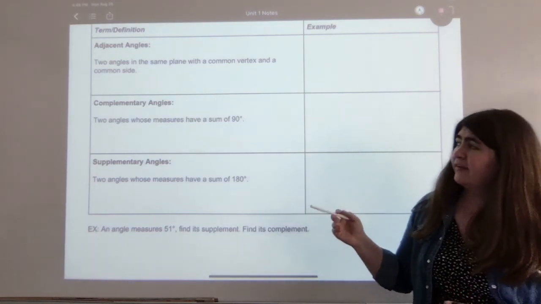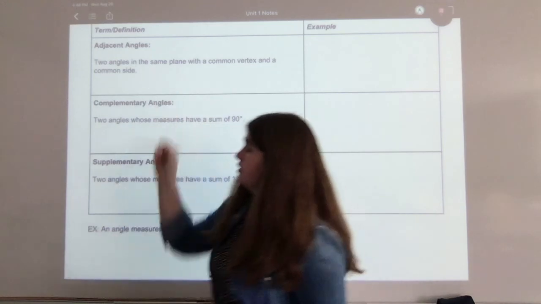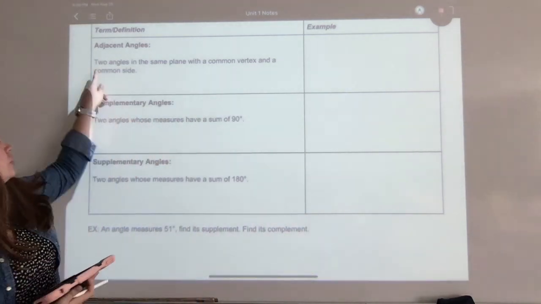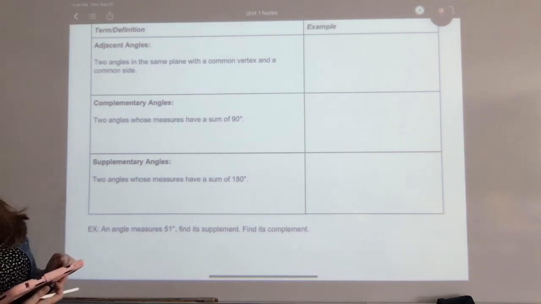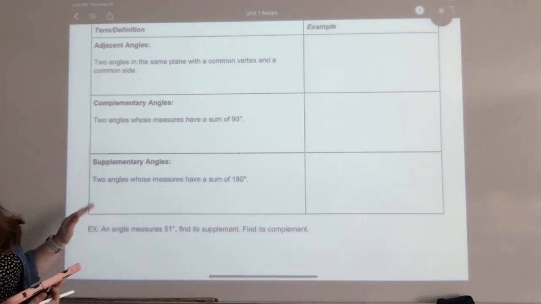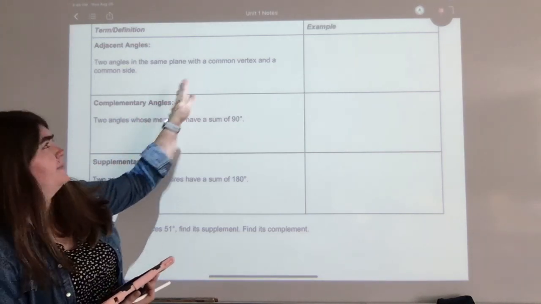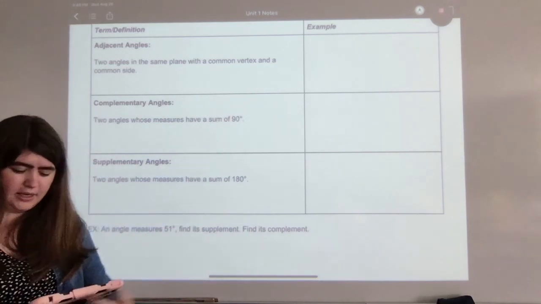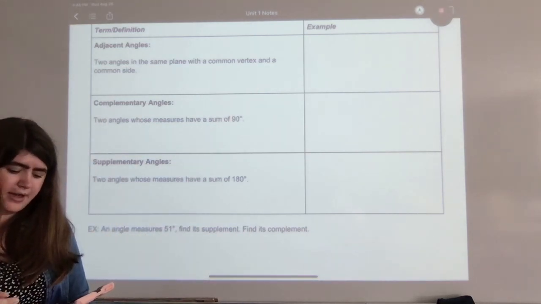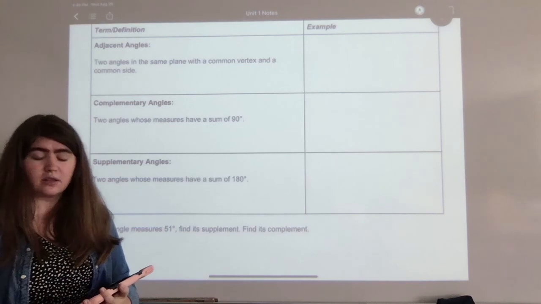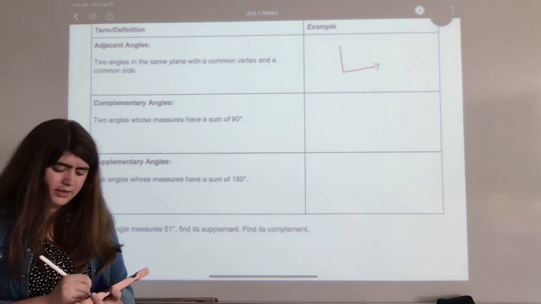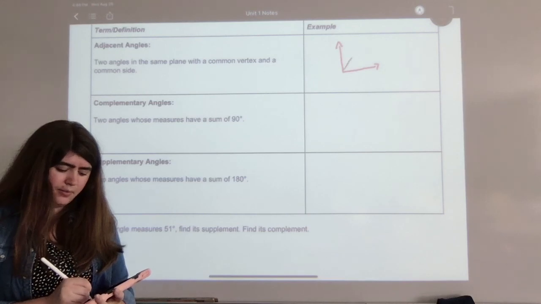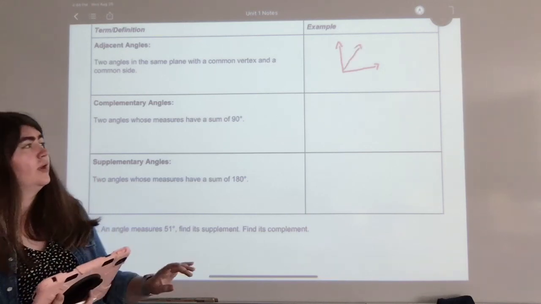If I have adjacent angles, then I have two angles in the same plane with a common vertex and a common side. An example of adjacent angles would be, like in the previous example, you have one big angle, and inside that angle is some ray, which creates two angles.